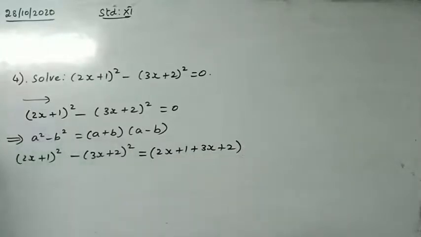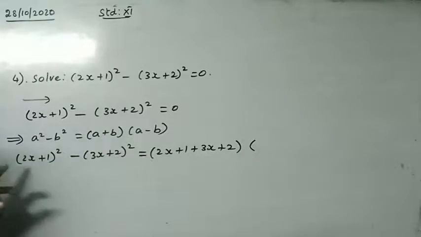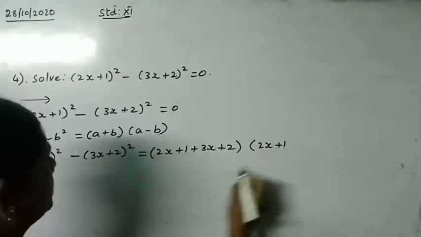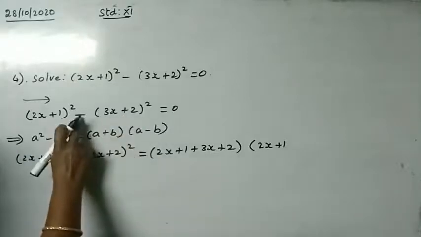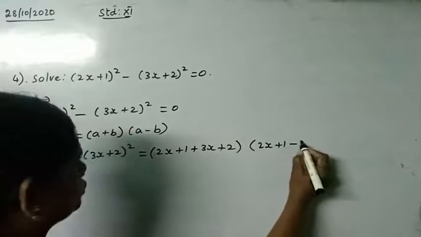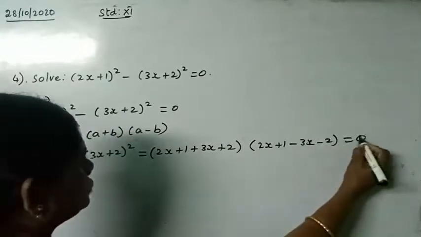So a plus b is written. Now when writing a minus b, be careful, multiply by minus. So a is 2x plus 1 and b is 3x plus 2. Taking this minus inside, it becomes minus 3x minus 2, is equal to 0.